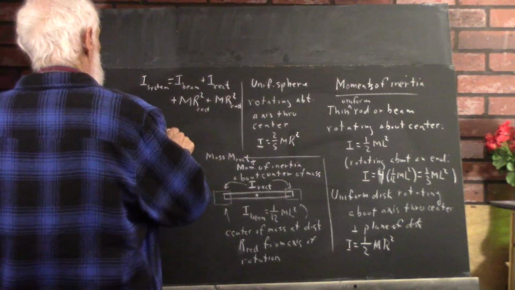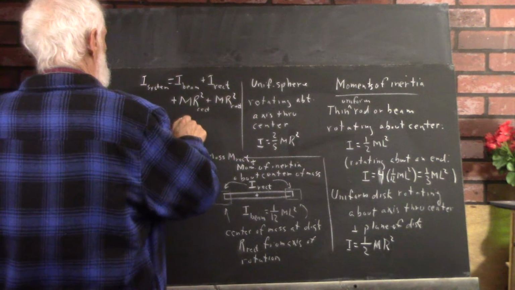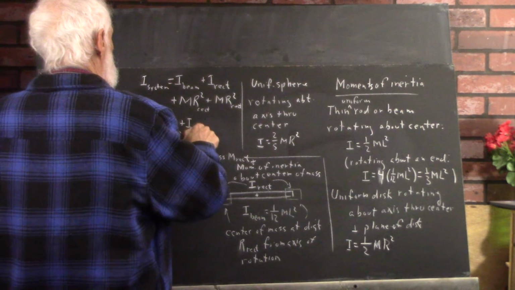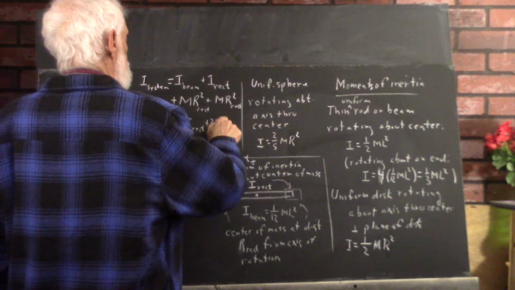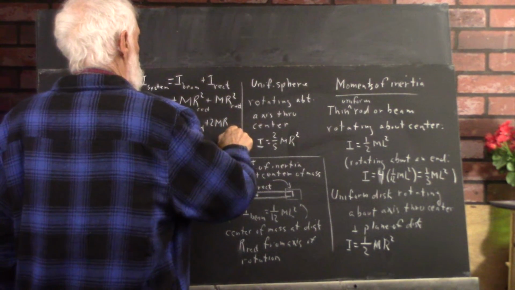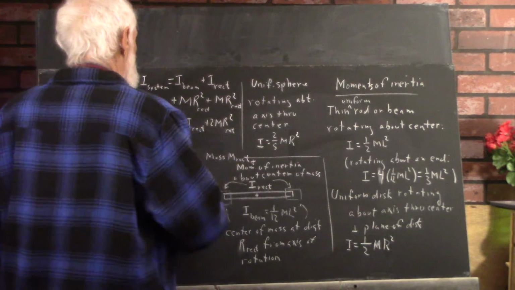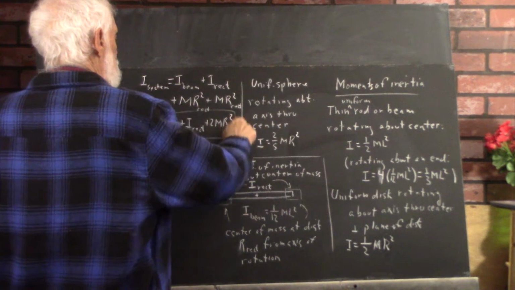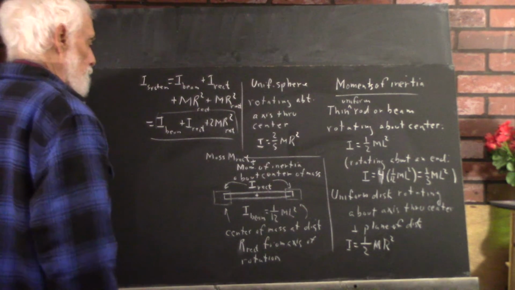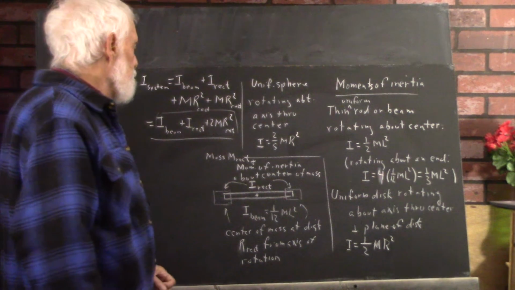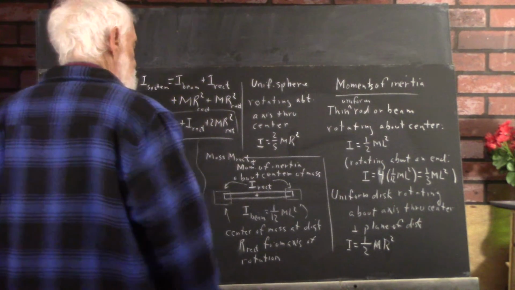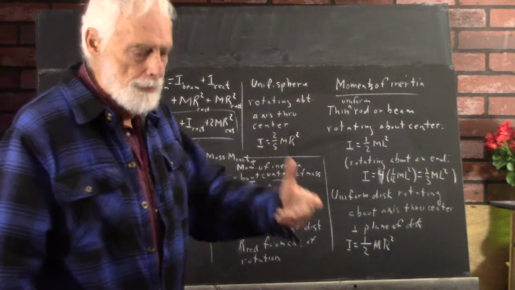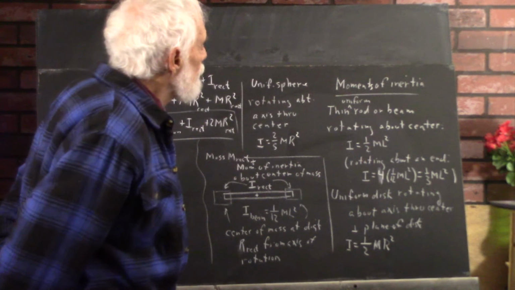So what you end up with is the moment of inertia of the beam plus the moment of inertia of the rectangle plus 1/2 m times the square of the moment of inertia of the rectangle. Now let me digress to something maybe I should have done earlier.